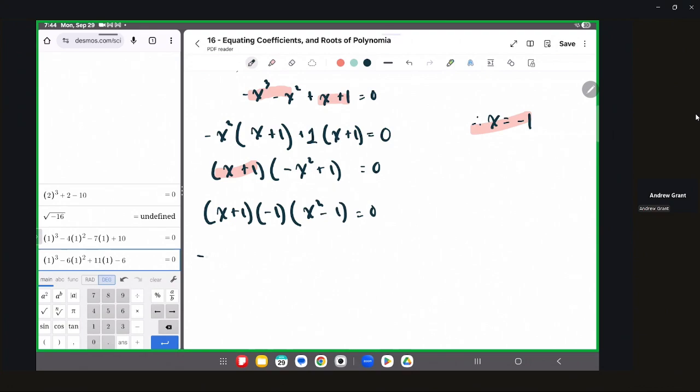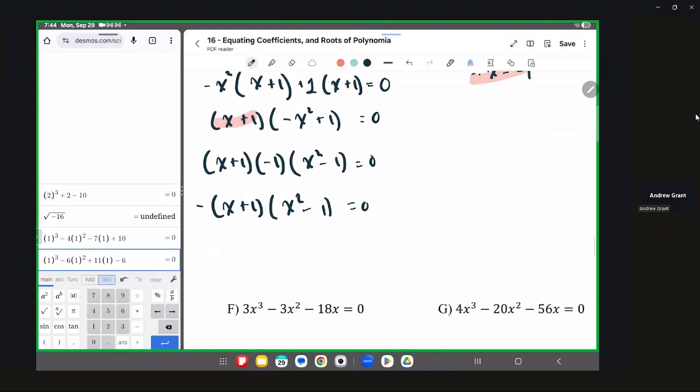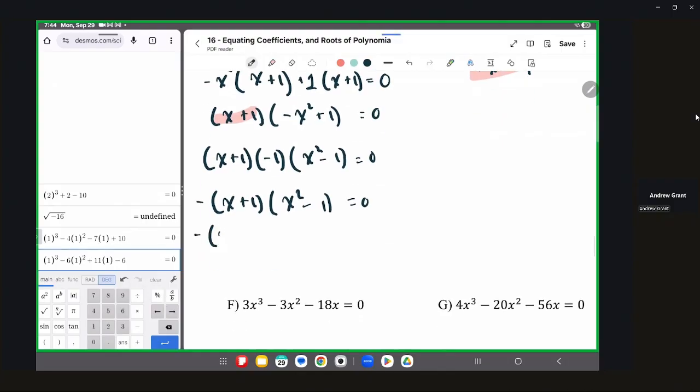And if we bring the negative 1 out front, we now have negative x plus 1 times x squared minus 1 is equal to 0. That's the difference of squares. And we have final solutions of negative x plus 1 times x plus 1 times x minus 1. We have two of those x plus 1s. So this will be x plus 1 squared times x minus 1 is equal to 0.